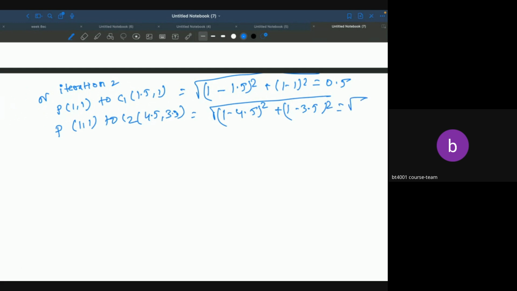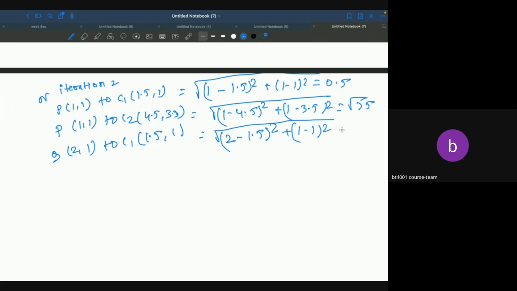So it will be root 18.5 or so. Now Q(2,1) to C1 (1.5, 1), right? So it will be root of (2 minus 1.5) whole square plus (1 minus 1) square. So it will be 0.5.